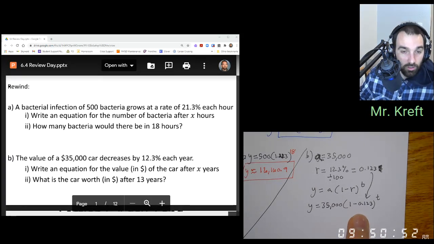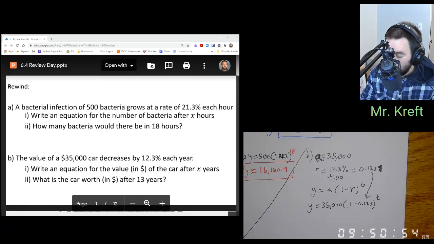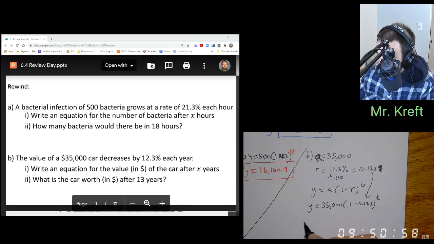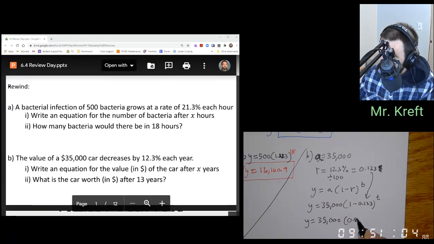And then in a calculator, I can just type this. So 1 minus 0.123. So my final equation is y equals 35,000 times 0.877 to the t.